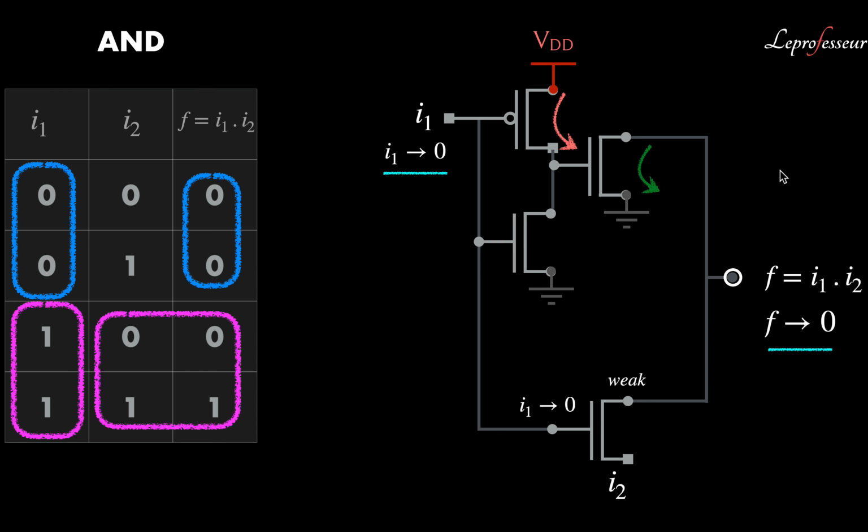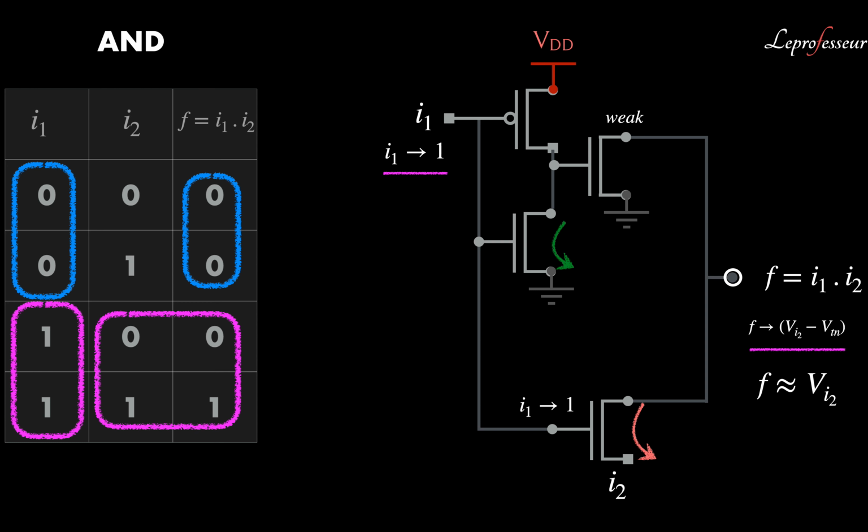What will the voltage value be? We can approximate the value as the voltage level of I2 minus the threshold voltage of the transistor. The characteristic equation you can look up in the textbook, and that value we can safely approximate as very near to the voltage level of I2. Good.